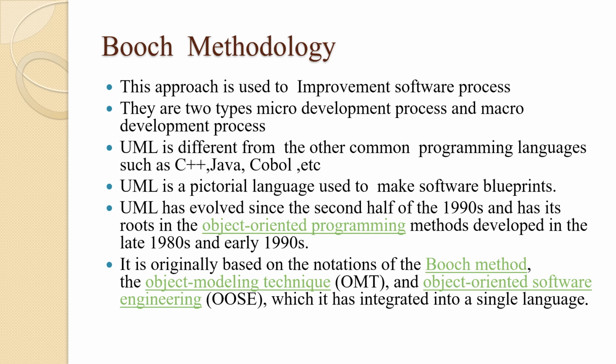This is the daily activity of the process, and a small project software development team can use this micro development process. Micro development process means a conceptual view of UML. What is meant by conceptual? Conceptual involves three major parts: basic building blocks, rules, and common mechanisms.